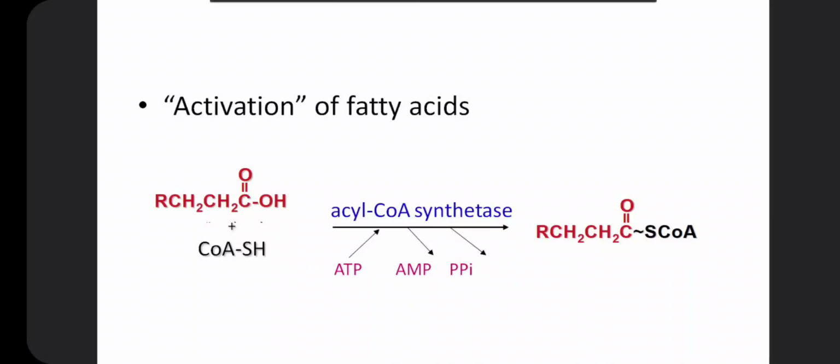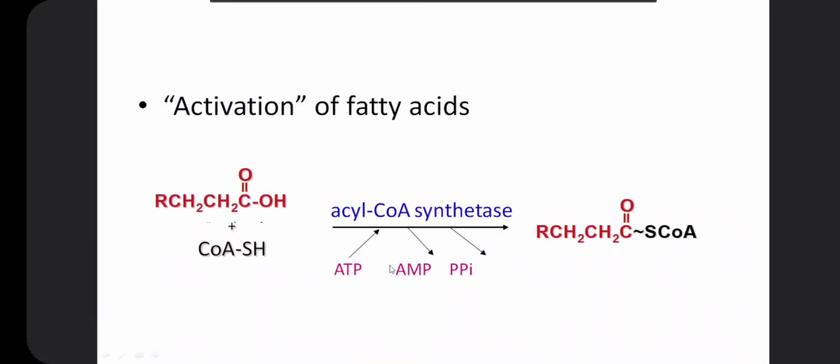If we want to further oxidize the fatty acids, they must first be converted to an active intermediate form before they can be digested.